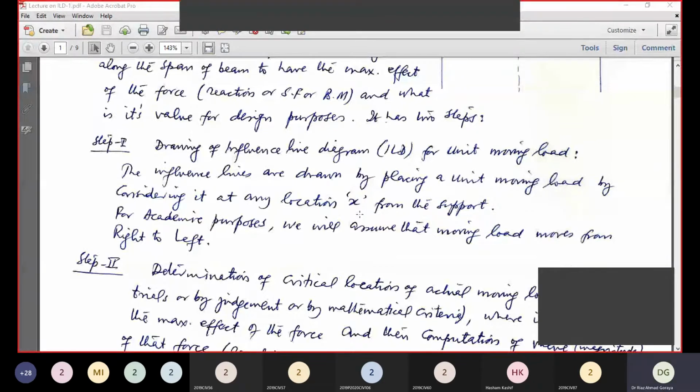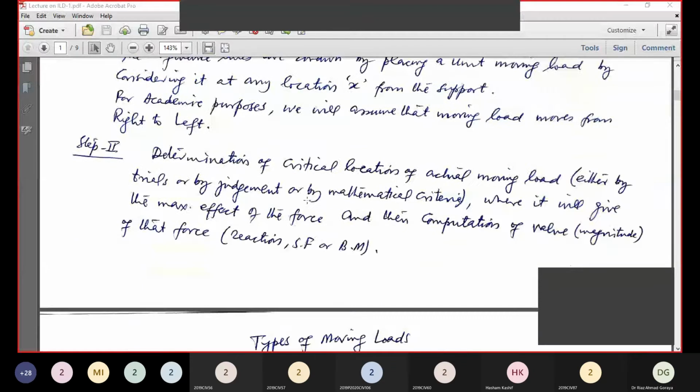Now, after drawing the influence line diagram, the second step is determination of the critical location of the actual moving load. Where to place the moving load to have its maximum impact.